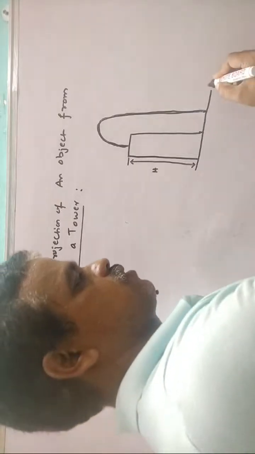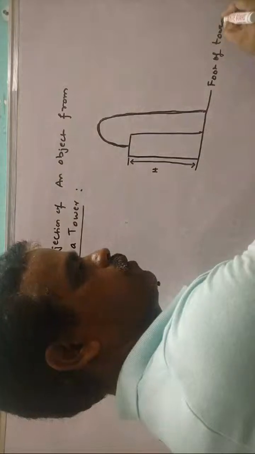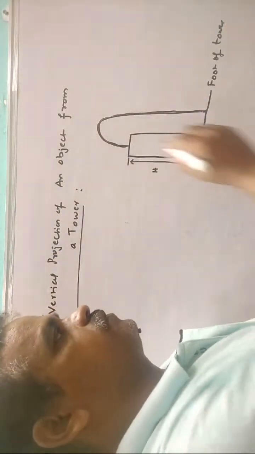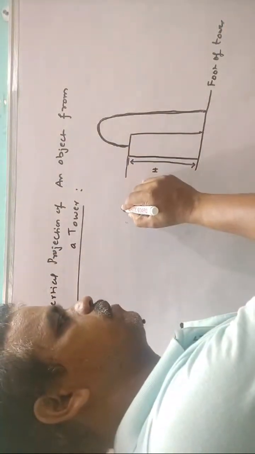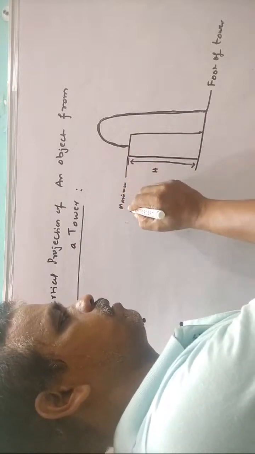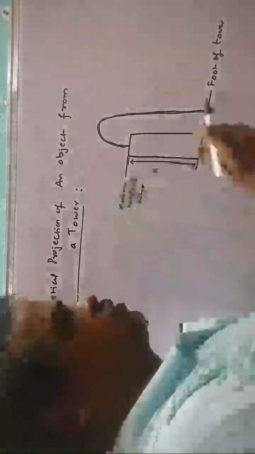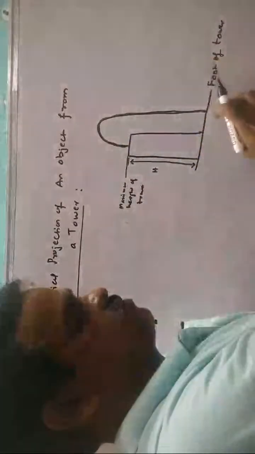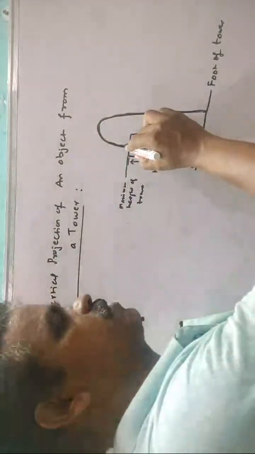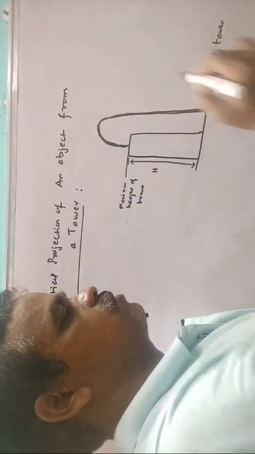So this is the foot of the tower. This is the maximum height, and this is the foot of the tower. So when we projected, from the maximum height it reached the foot of the tower.